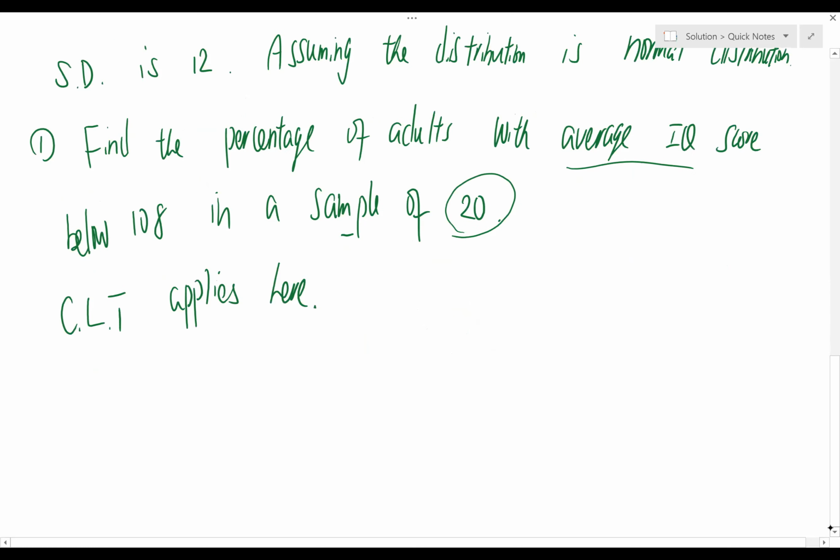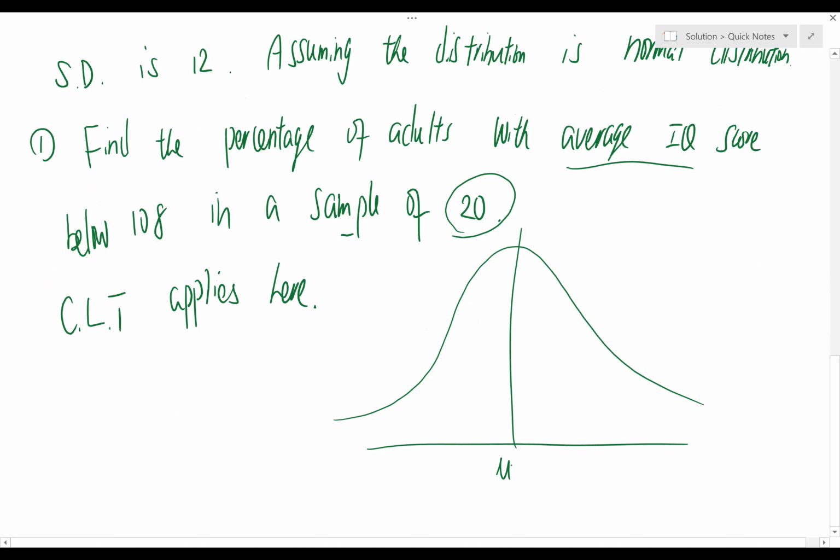Okay, so the way we solve this is very similar. You basically draw the bell curve and visualize this. The mean is 100, and our targeted average IQ score is 108. So this average IQ score, X bar, is 108.